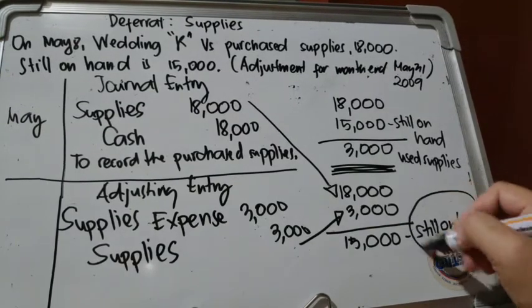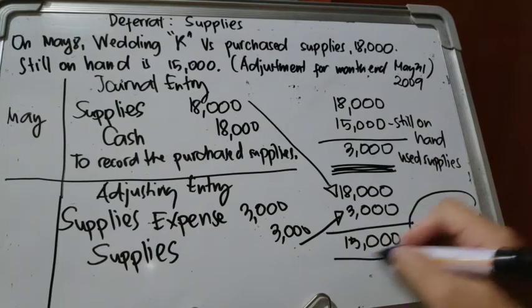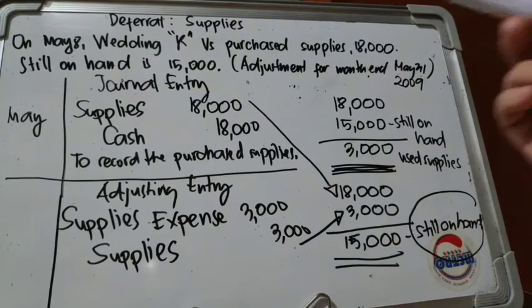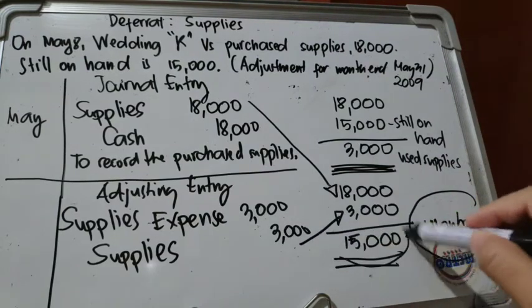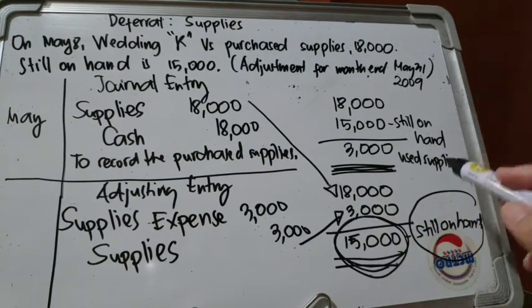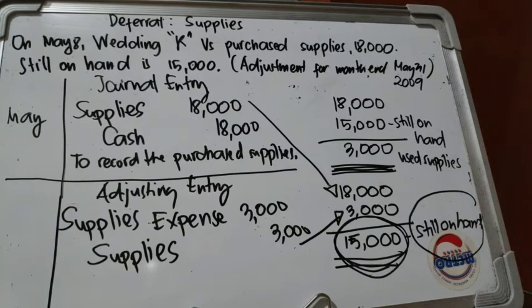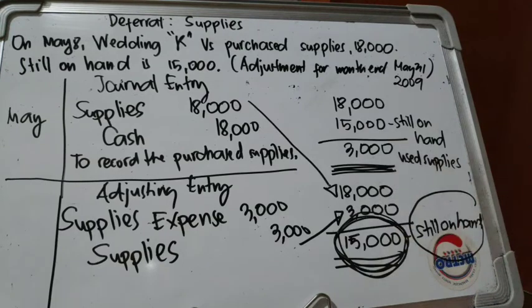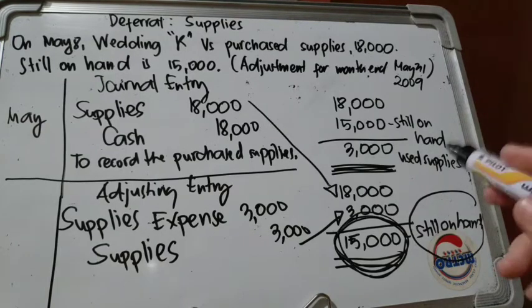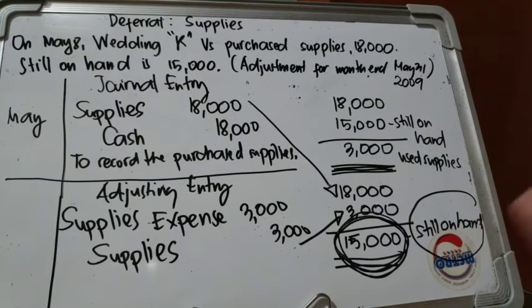Bakit si still on hand ang dapat na makuha mo when you deducted the journal entry and the adjusting entry? Because itong still on hand for the supplies, ito dapat ang makikita mo sa worksheet, yung adjusted trial balance mo na. Or ibabalik natin sa prepaid rent and prepaid insurance, yung mga unexpired portion ang dapat na mabilin sa iyong account.